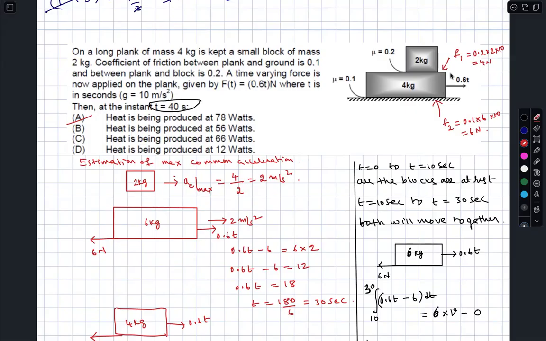At t equal to 30 seconds, relative slipping is happening. After 30 seconds, you need to find relative acceleration also. That is the relative acceleration after that. So therefore, the total power you need to estimate.